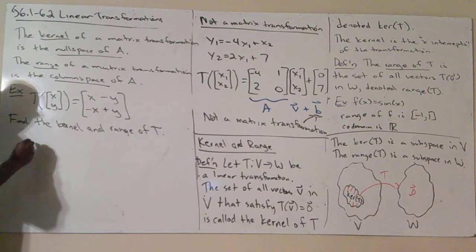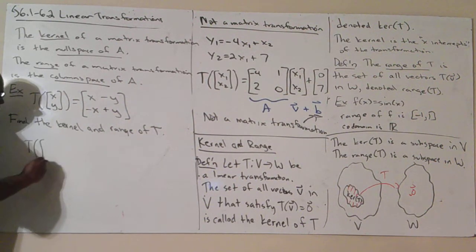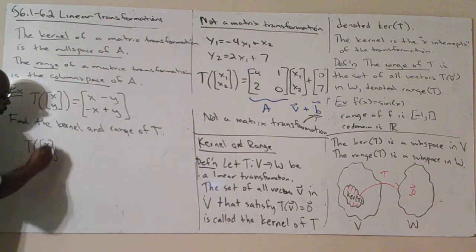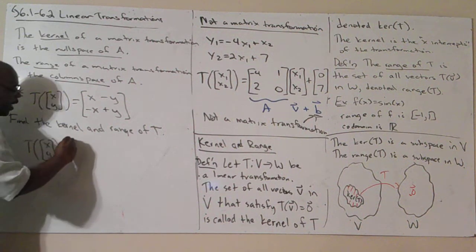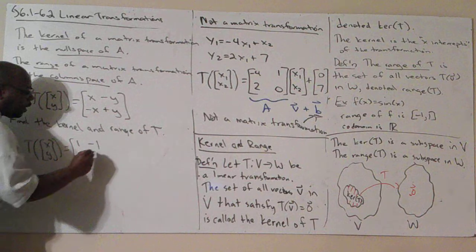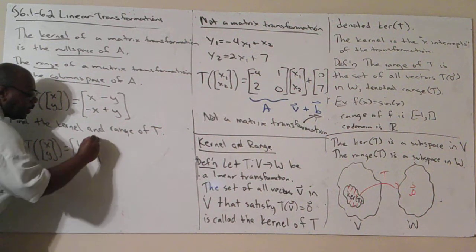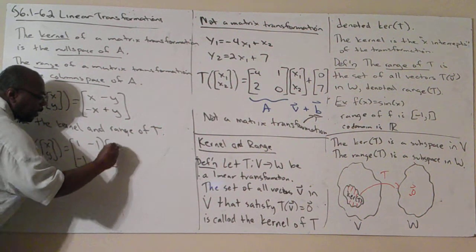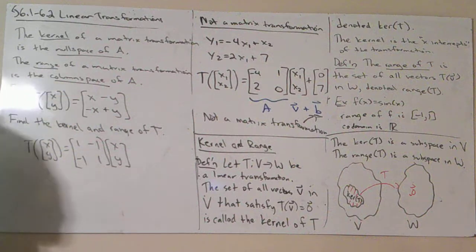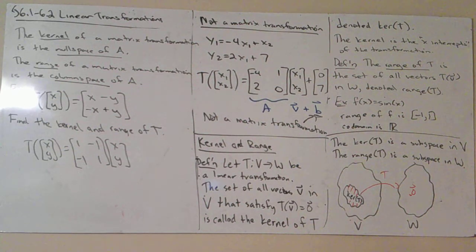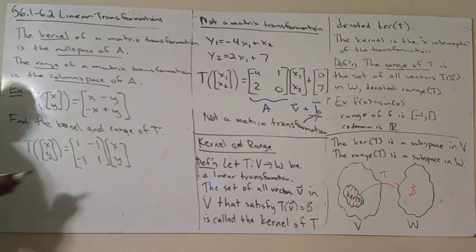So I have T of X, Y is equal to, in this case, the matrix 1, -1, -1, 1, times X, Y. Now, here is my matrix A.